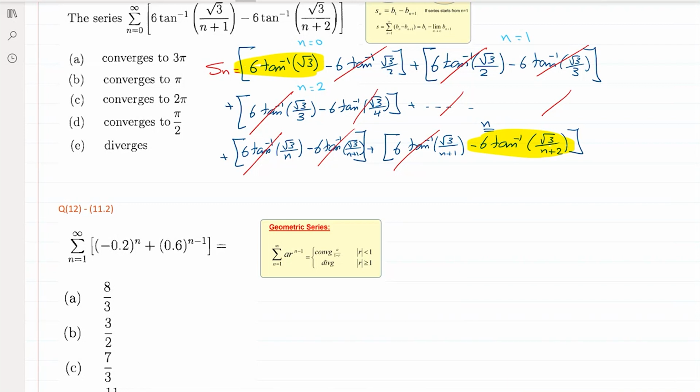Always we take the first and the last. Sometimes you get the second with n minus 1, the previous one. In most cases we get the first with the last, but in some cases it can be first with last, or second with n minus 1.